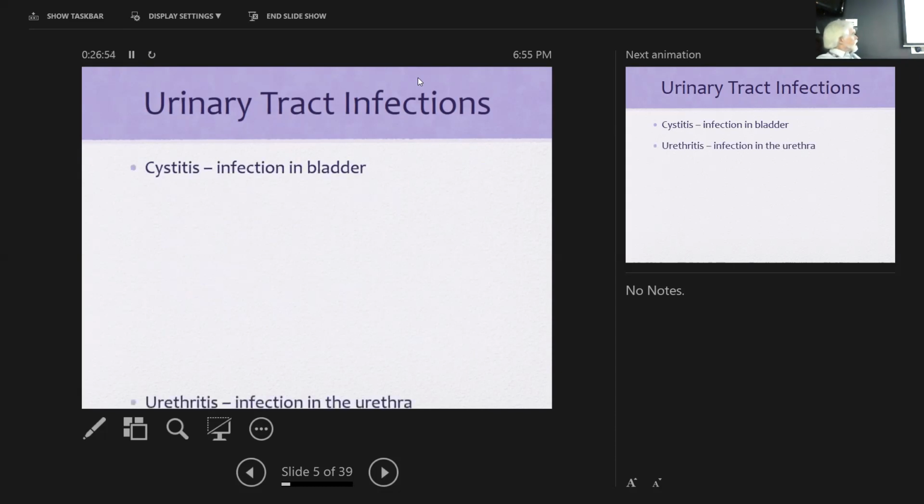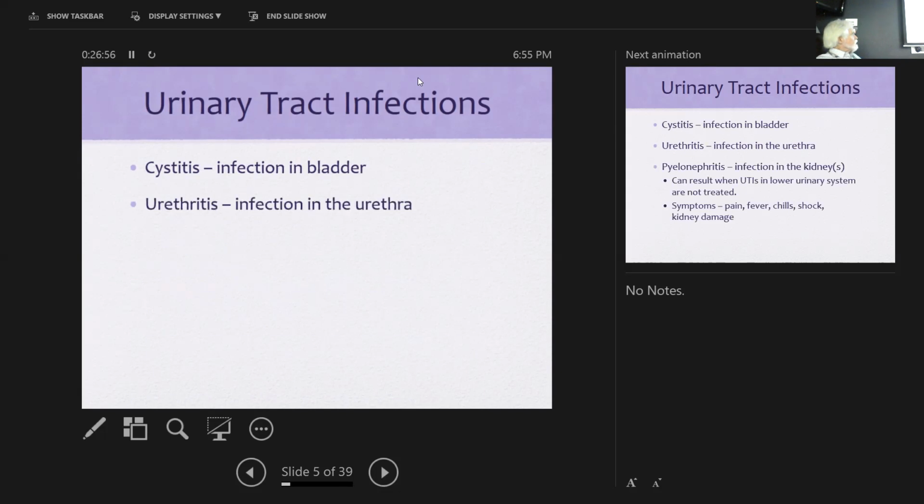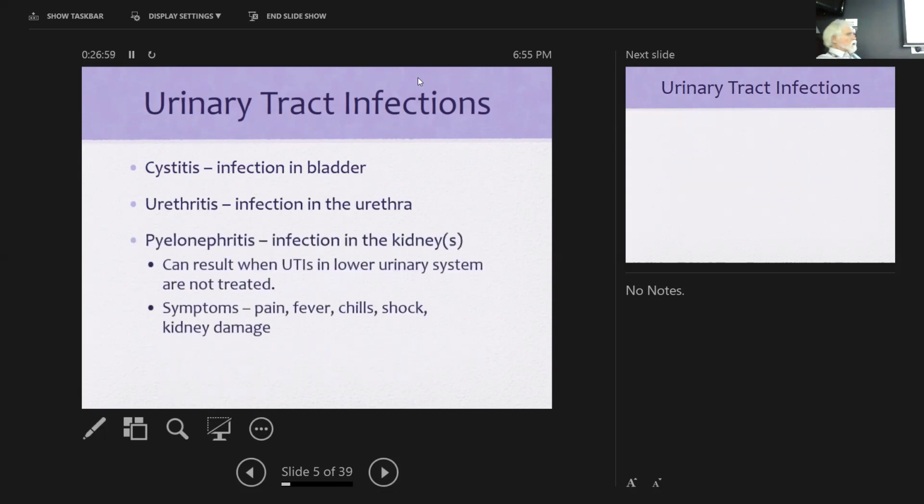So we also have cystitis, which is a bladder infection, urethritis, and what we call pyelonephritis. That's a kidney infection. Usually these are infections that have migrated from the bladder, but not always. You can have infections in kidneys when you have general systemic infections like septicemia.